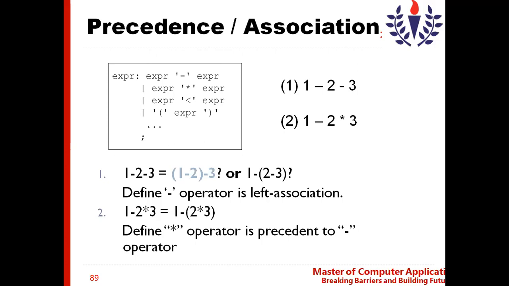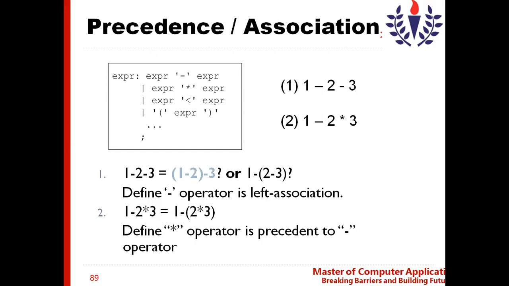For example, consider 1 minus 2 minus 3, the first example given here. There is a dilemma whether to choose 1 minus 2 first, then minus 3, or 1 minus, then 2 minus 3.